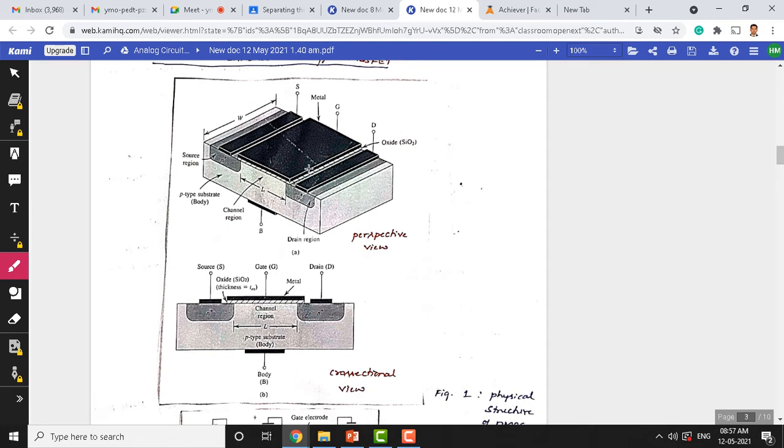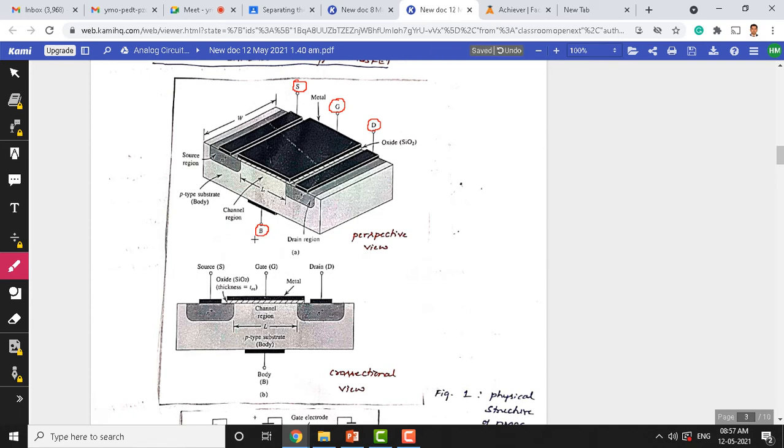First and foremost, I would like to show the terminals. We have a source here, a drain here, a gate here, and below we have a body or bulk.